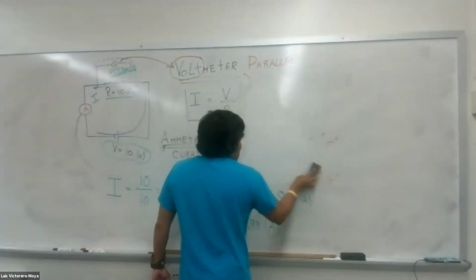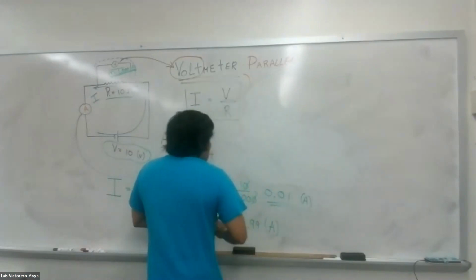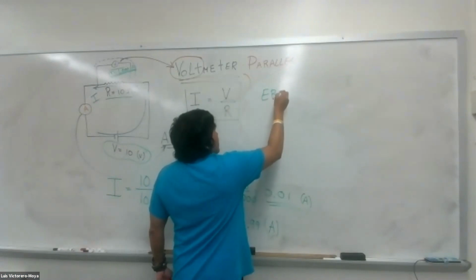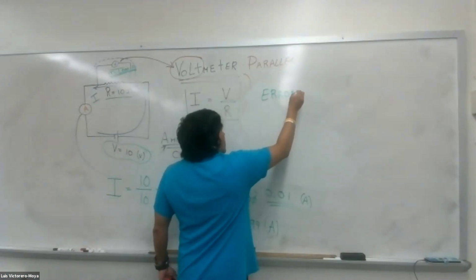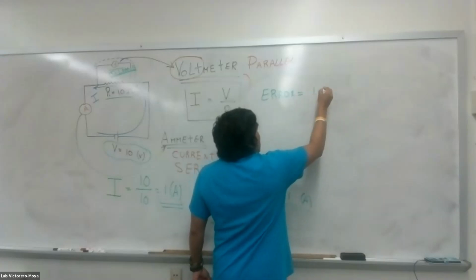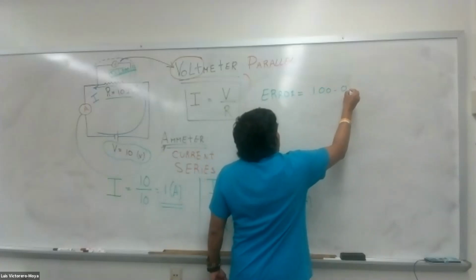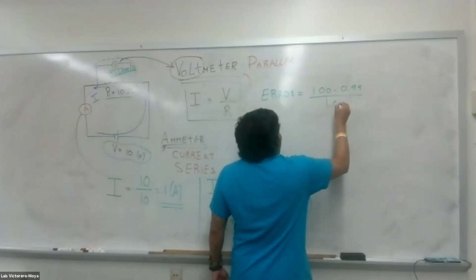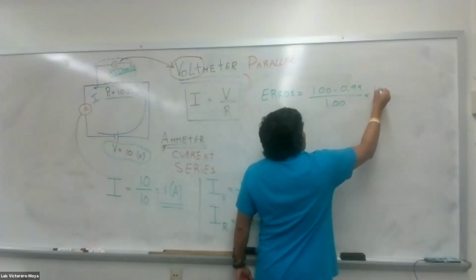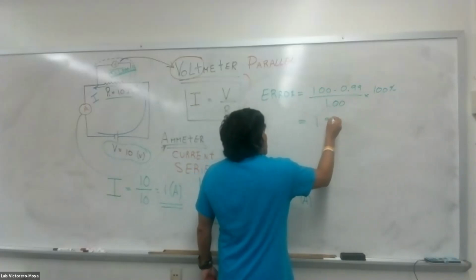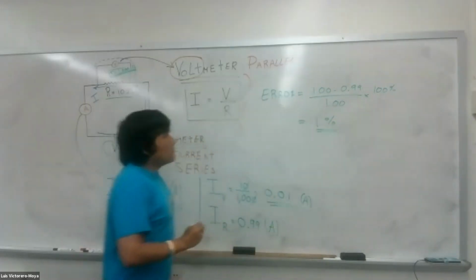The error I detect will be 1 minus 0.99 divided by 1, this is the theoretical value, times 100%. This gives you exactly 1%.